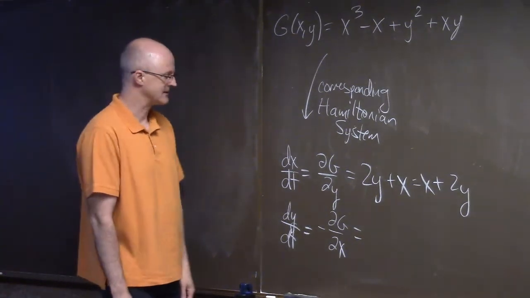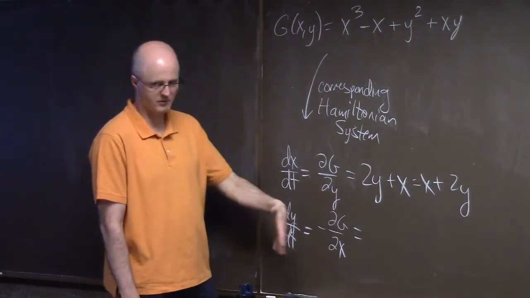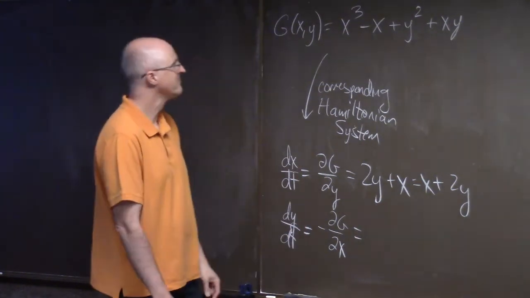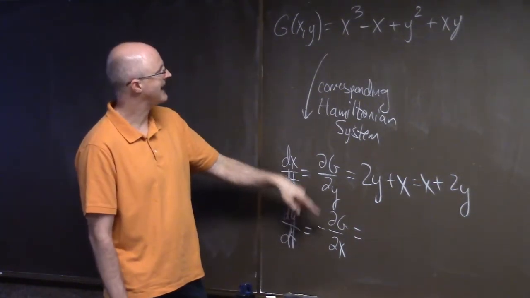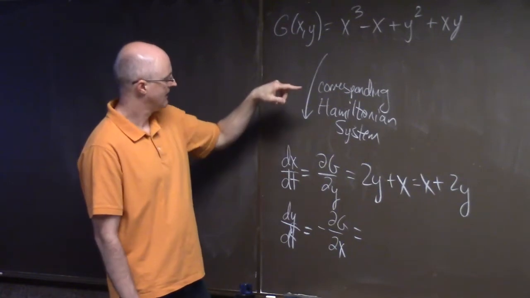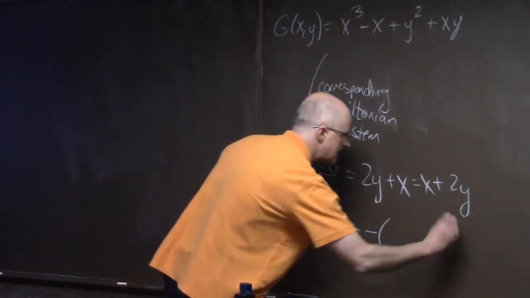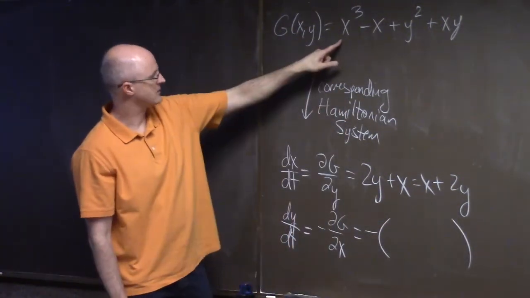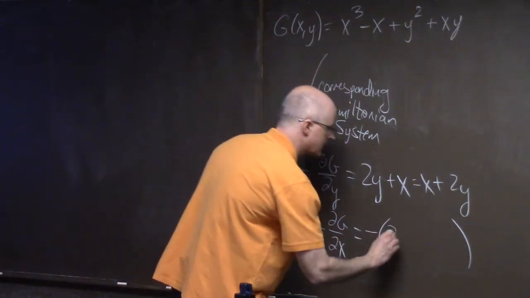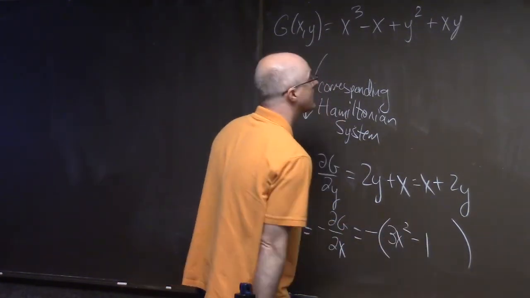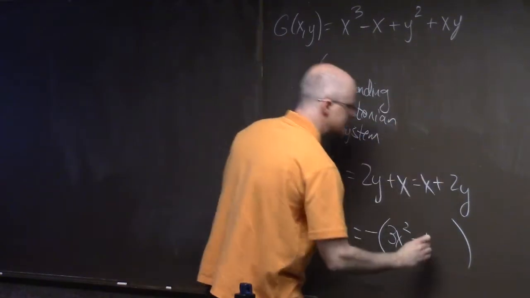It's not going to be a linear system, however, where that kind of ordering would be important to get the matrix right. When you take the derivative with respect to x, you're not going to get a linear function. The partial with respect to x is going to be 3x squared minus 1, and then plus y.